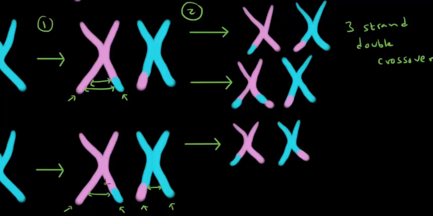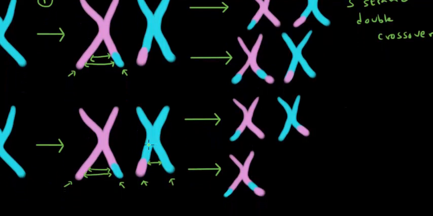But maybe not. Maybe crossing over, let's say in the purple chromosome, happened over there. Then we get a chromosome that looked like that. And then maybe in the blue chromosome also, maybe crossing over happened over there. Then we'd get a set of chromosomes that looks like that.